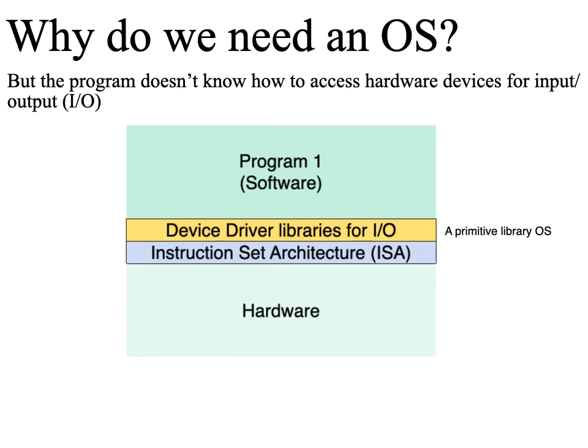So now we have begun to introduce aspects of modern operating system into this picture between the user level program and the hardware, right? But if this was the only program to run on a given hardware, then it could link the necessary device drivers and happily have direct access to the hardware without any additional OS support.